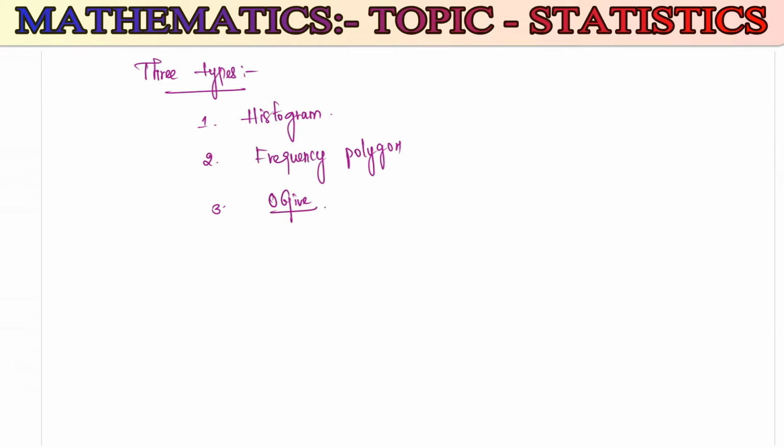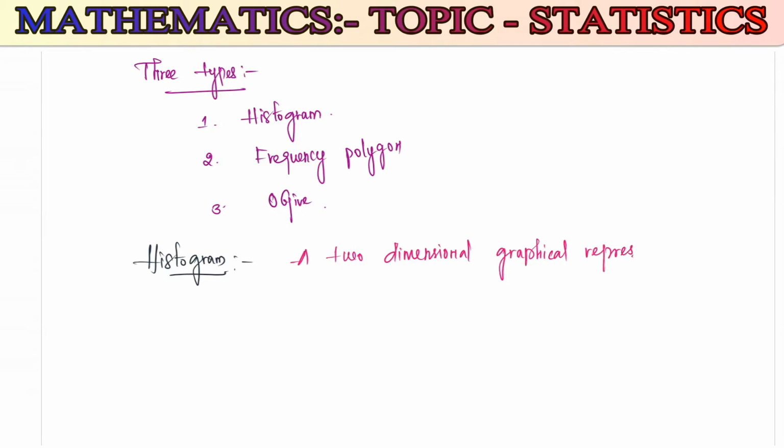Now first we are going to discuss histogram. A two-dimensional graphical representation of a continuous frequency distribution is called a histogram. Histogram is nothing but a two-dimensional graphical representation of the continuous frequency distribution.